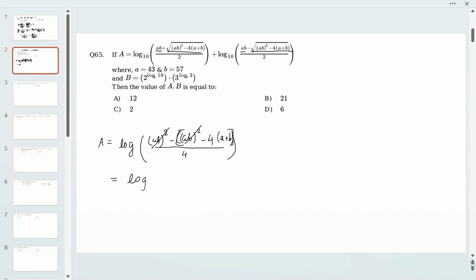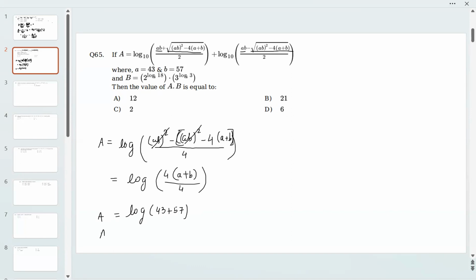So I'll get log of 4 a plus b upon 4. 4 and 4 gets cancelled. So basically my A is log of a plus b. And a is given 43, b is given 57. So basically 43 plus 57.